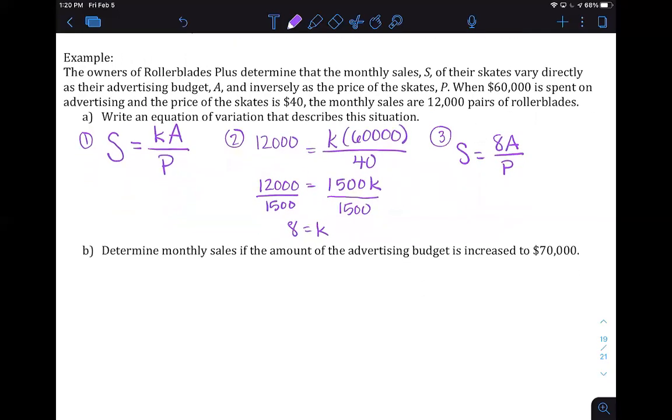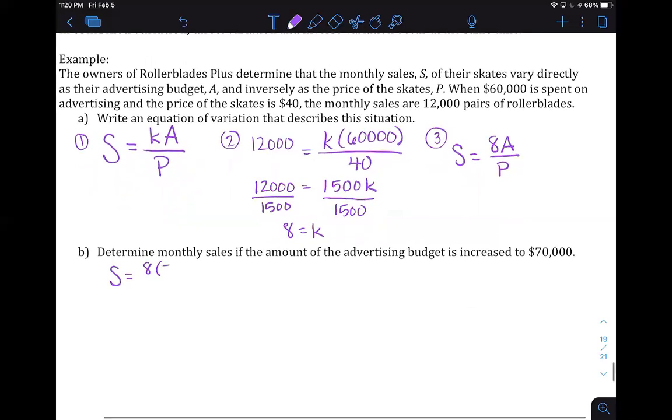So S is what we're looking for, equals 8 times that 70,000. And since it doesn't mention anything about your P, that's going to remain the same. So our P is still going to equal 40.